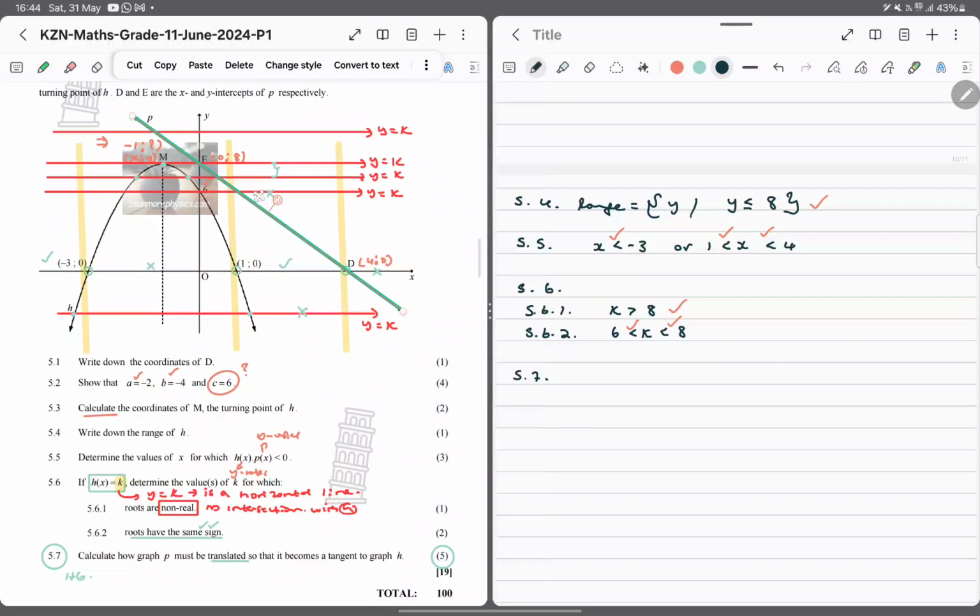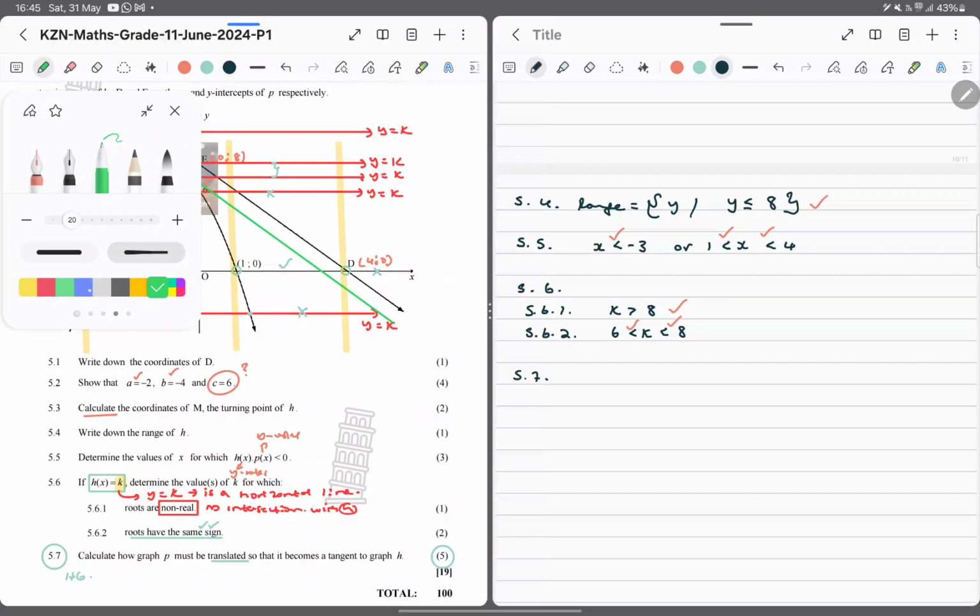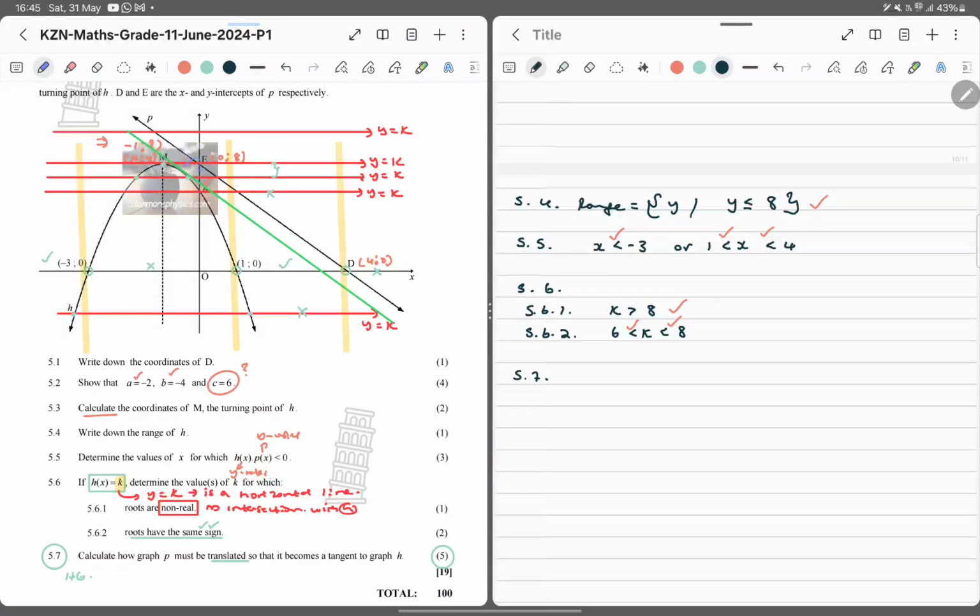We cannot translate this upward, right? Because it's not going to touch. But for it to be a tangent, it has to come down like that. Then it becomes a tangent at this particular point over there. Okay. So, what do we need?